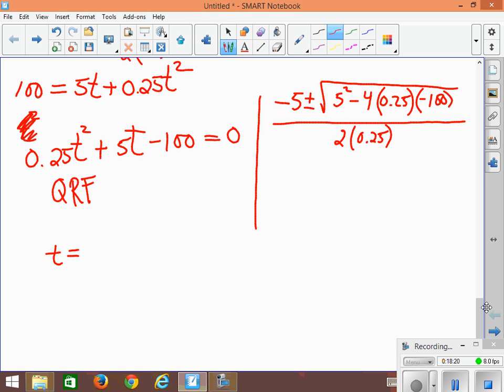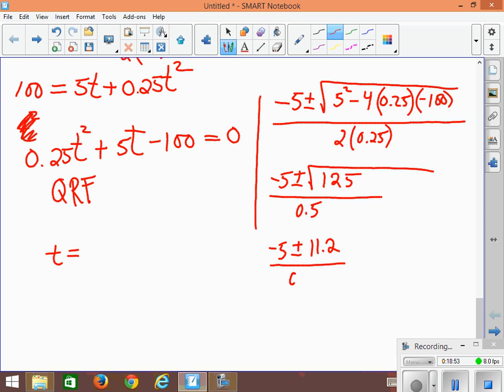So if we crunch out some numbers here on the calculator, 100 times 0.25 times 4 equals, so we get 25 plus 100, so it looks like negative 5 plus or minus the square root of 125. And that's going to be divided by 0.5. So the square root of 125, we know that it's about 11 something. So it's negative 5 plus or minus 11.2 over 0.5.